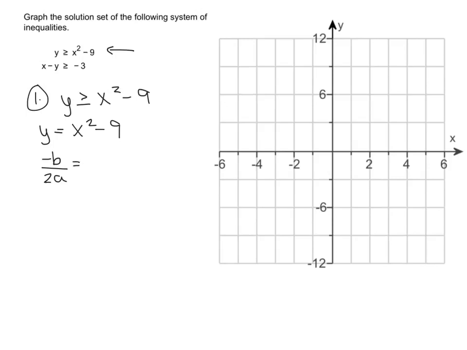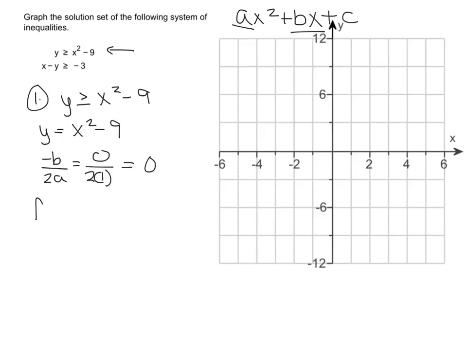Now there is not a b term because when we have a quadratic, the b term is the value in front of the x. Since we don't have an x, we don't have a b, so that means this is just 0, and it's being divided by 2 times 1, the number in front of the x squared. And 0 divided by 2 is just 0.